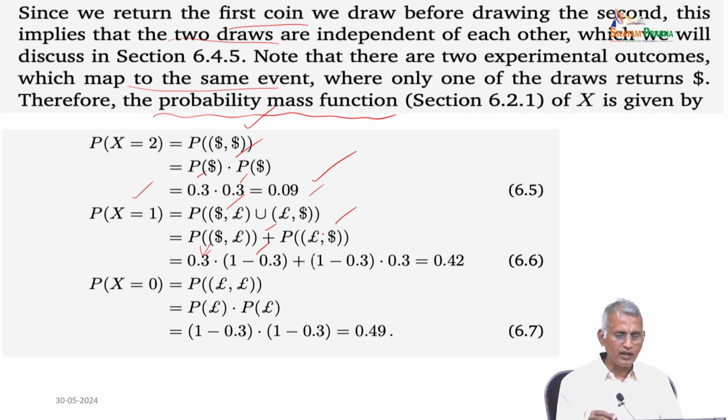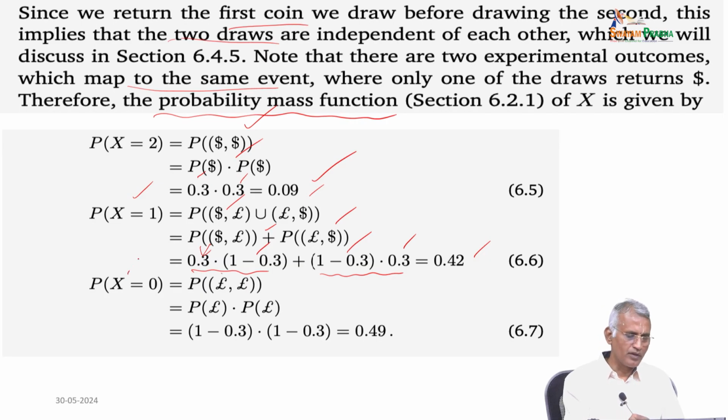Similarly, P of a pound and dollar: probability of pound is 1 minus probability of dollar, that is 1 minus 0.3, into probability of dollar, which is 0.3. Multiply and add them, and the resultant is 0.42. So, you can get the probability of x equal to at least $1.